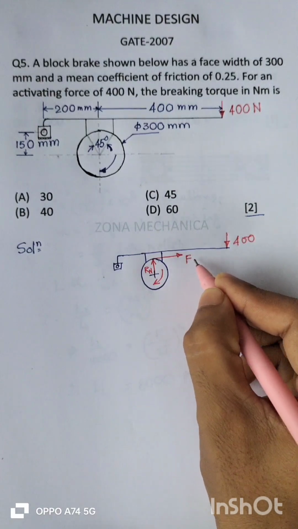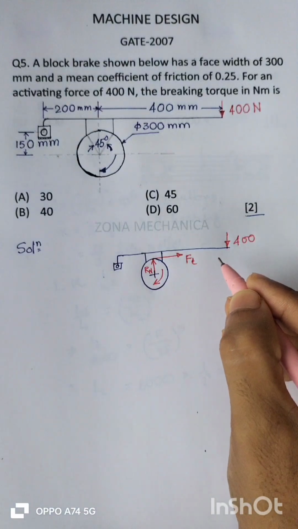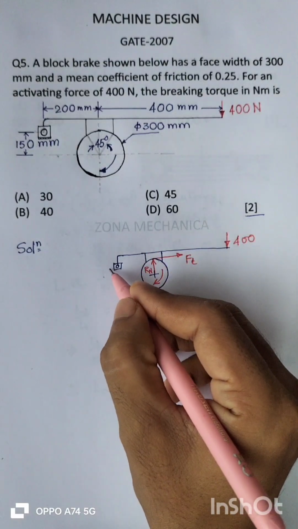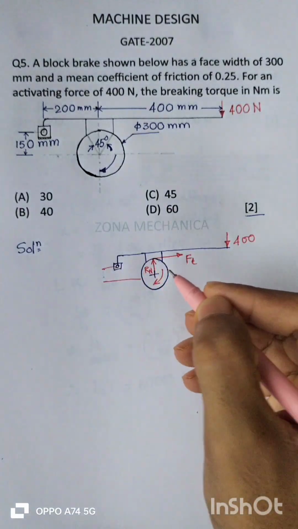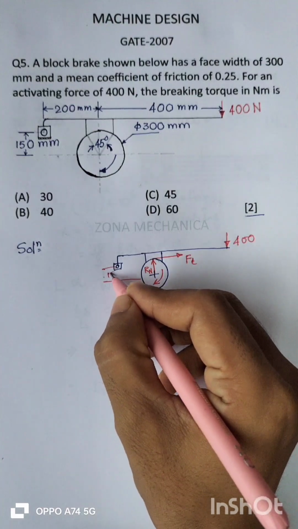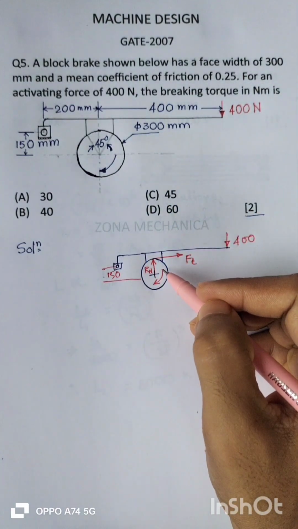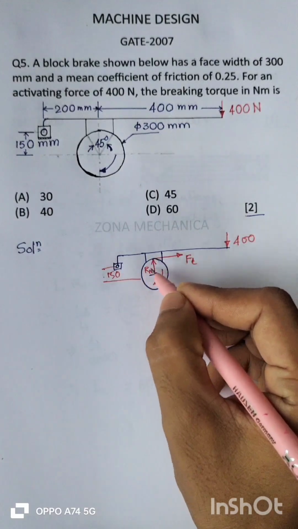Let Ft be the tangential braking force. Since the distance of the fulcrum from the center of the wheel is 150 and the diameter of the wheel is 300, that is, the radius of the wheel is 150, these two are the same.